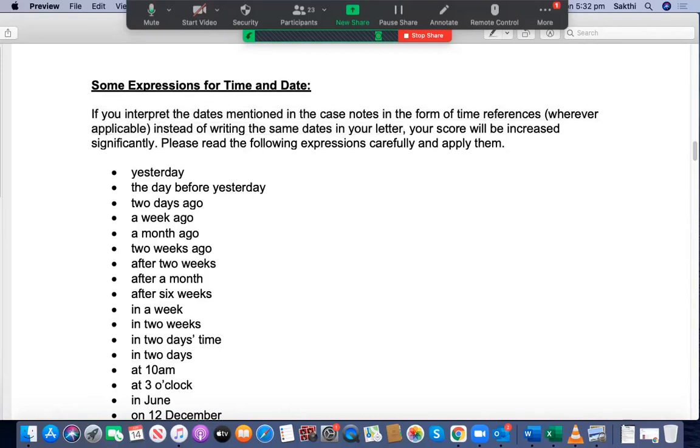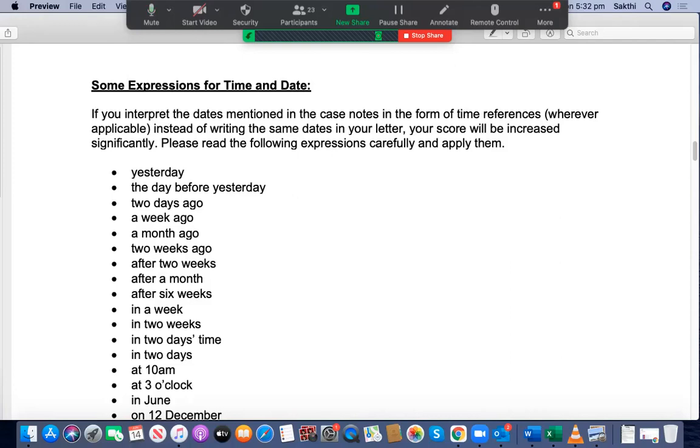Your score will increase dramatically if you can interpret the information of the dates in the form of references of time. For example, let's say today is the 11th of June, and the patient was admitted on the 10th of June. In the case notes they mention that on the 10th of June the patient was admitted.